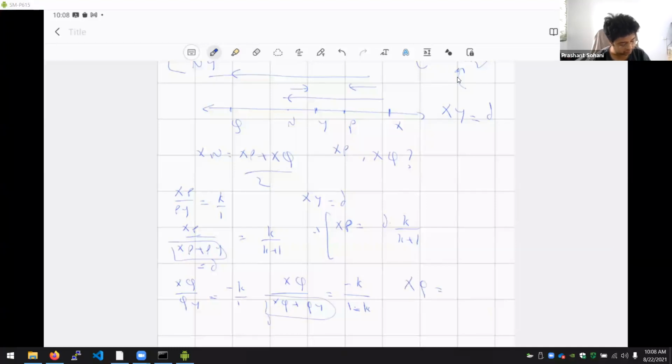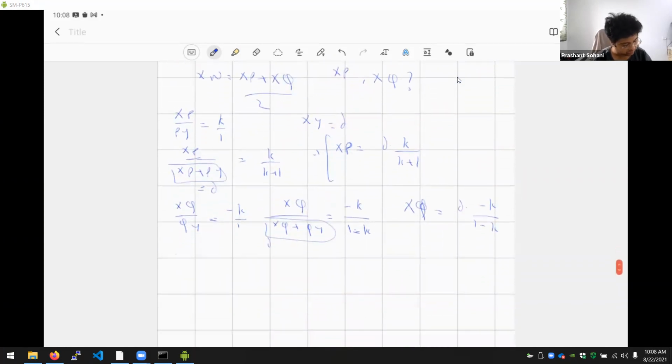So I get XQ equal to d times minus k upon 1 minus k. So I have XP and XQ now. So I can find XN, which is equal to XP plus XQ by 2.